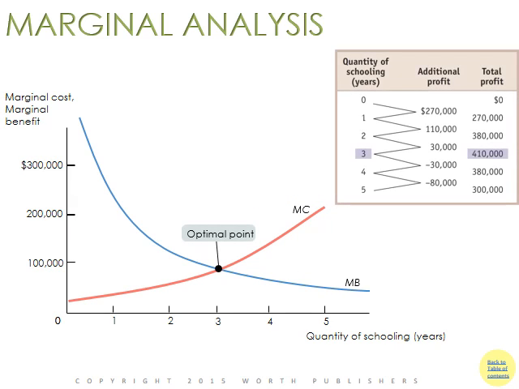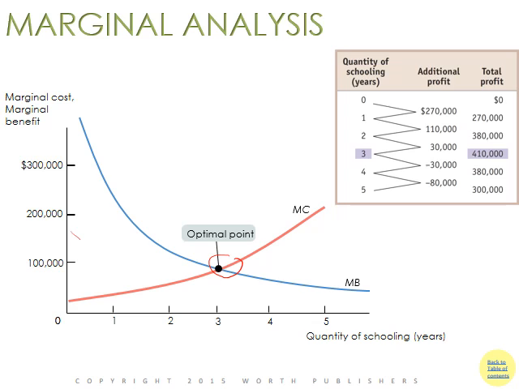And graphically, we can see that in this example. Now we're back to the numbers of years of schooling. And what's the optimal number of years of schooling? We can see that our additional profit, where we take the total benefit minus the total cost, is going to be maximized where marginal cost just equals marginal benefit.